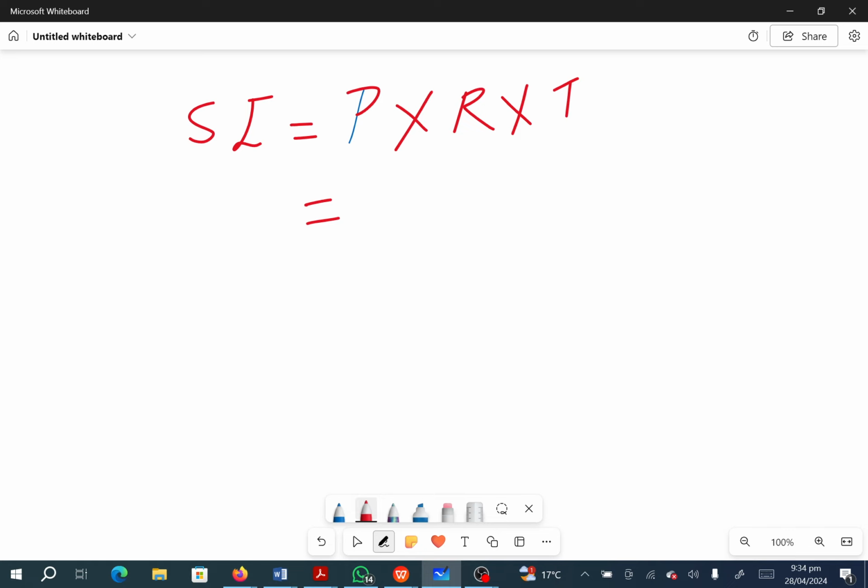All right. So we were saying that SI, which is simple investment, is equal to P multiplied by R multiplied by T. So in scheme B, there is a principal amount.